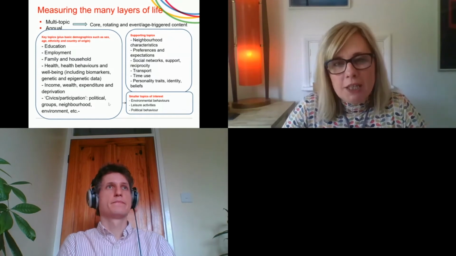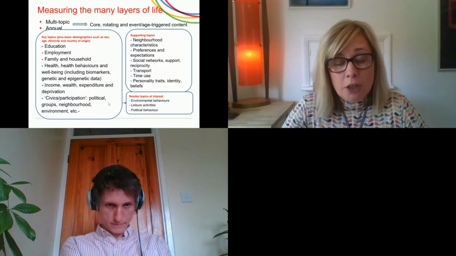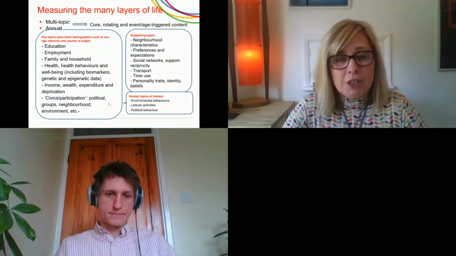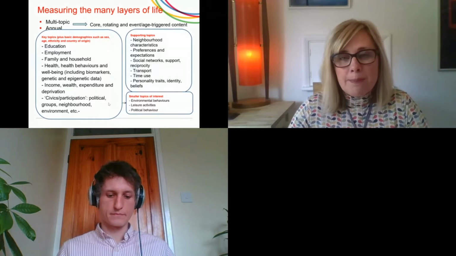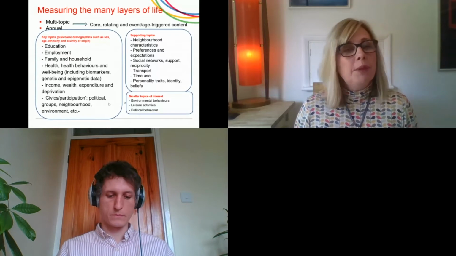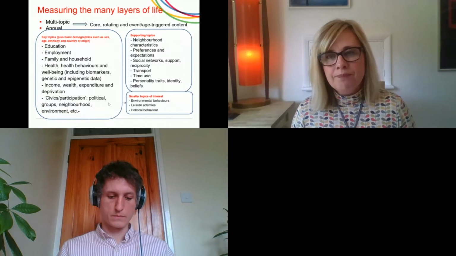So that's education, employment, family and household, health and health behaviours and well-being, and that does include biomarkers and genetic and epigenetic data, income, wealth, expenditure and deprivation, and civic participation, so involvement in political groups, neighbourhood cohesion, environment, etc.